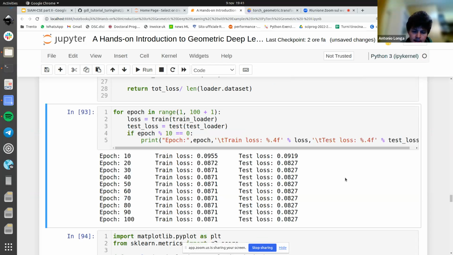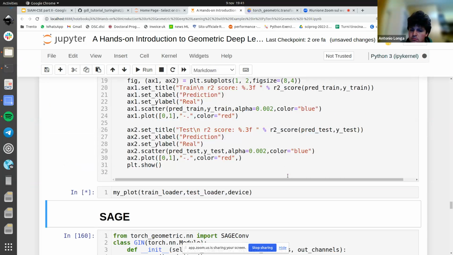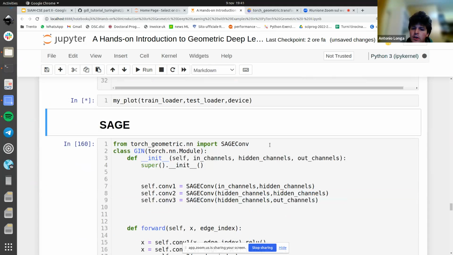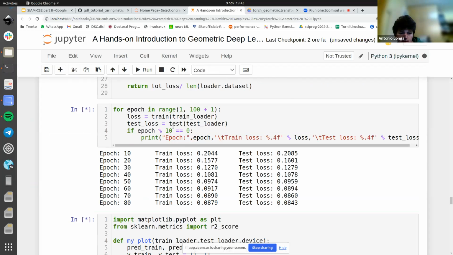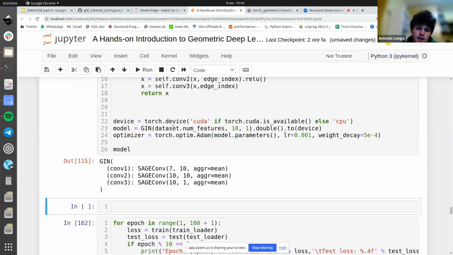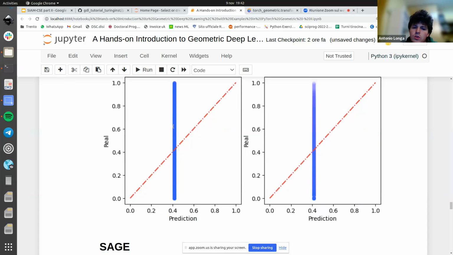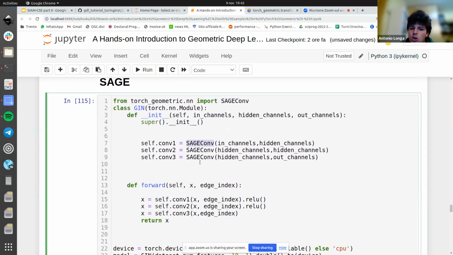Then I'm going to show you that, instead of using a simple GCN, we're going to use a Sage convolution. We saw that with GCN it is not working at all. What we changed in the model is simply that, instead of calling a graph conv, we are calling a Sage conv.